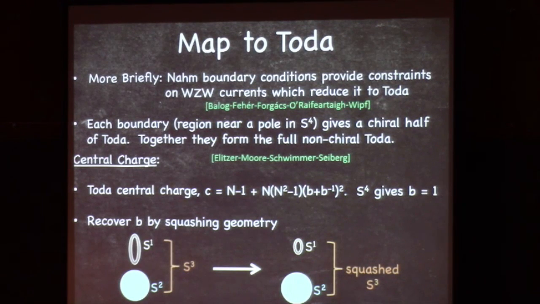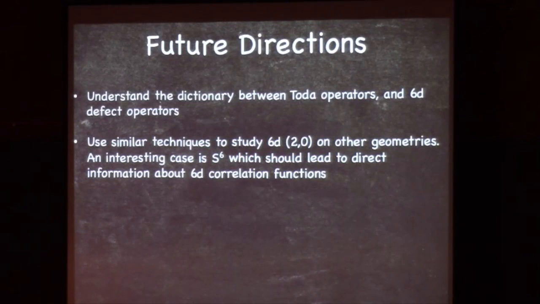Okay. Well, I think I've gone somewhat faster than when I practiced. So let me tell you some future directions. So obviously there's a lot still to do. I haven't mentioned anything about Toda vertex operators or 6D defects or punctures or anything like that. And it should be possible to really flesh all of that out.